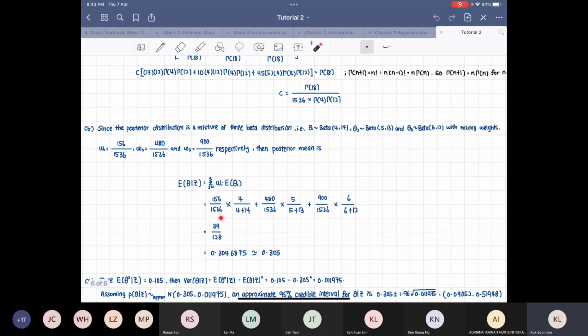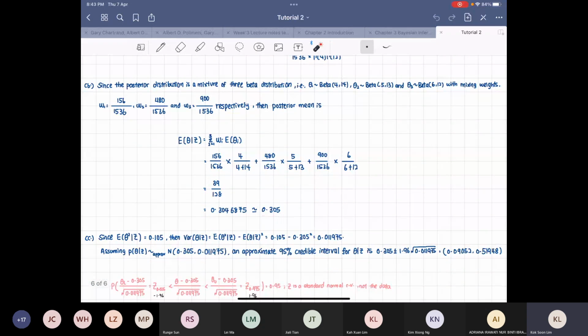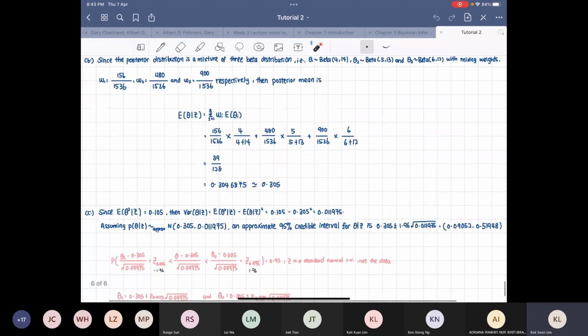This one is the weight of the first, theta 1, which follows this distribution. I put in all the values, then I can show the mean is 0.305.